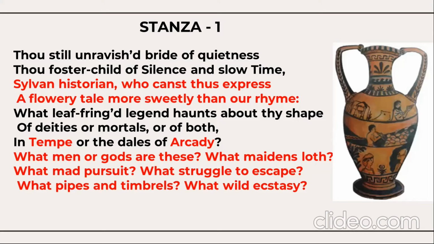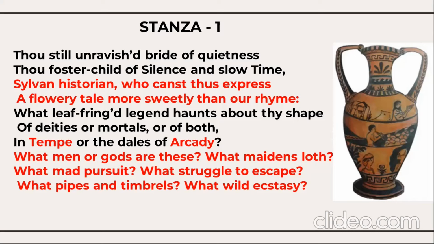So the poet questions what kind of images are they. Are these images of men or the goddesses? Or are these images of those girls who don't want to be loved by those mad lovers who are chasing them, and these girls are struggling to escape from the jaws of those boys or those lovers?